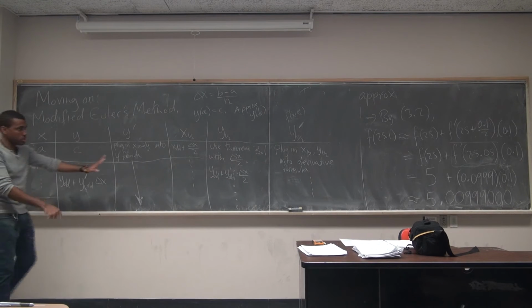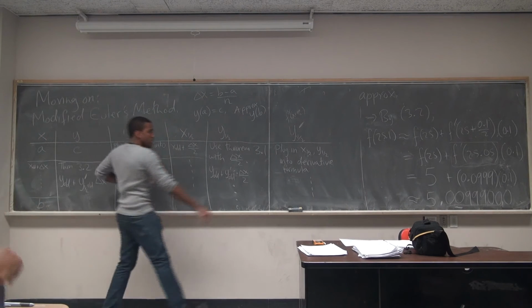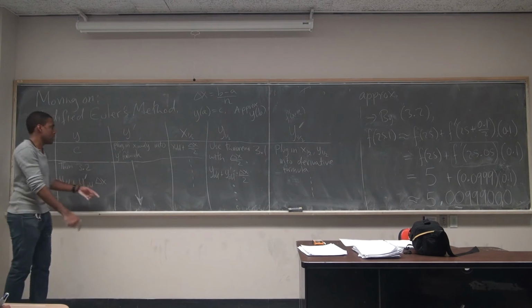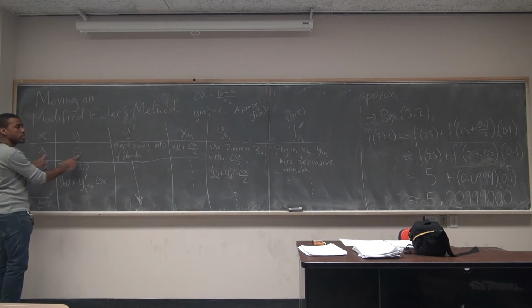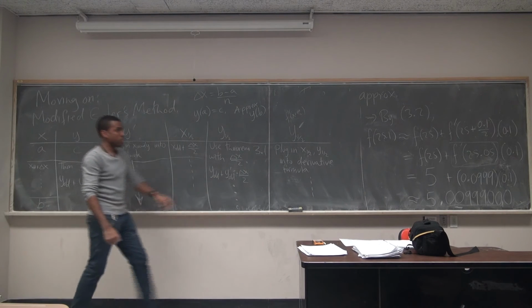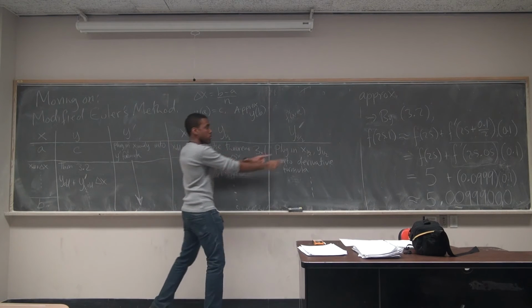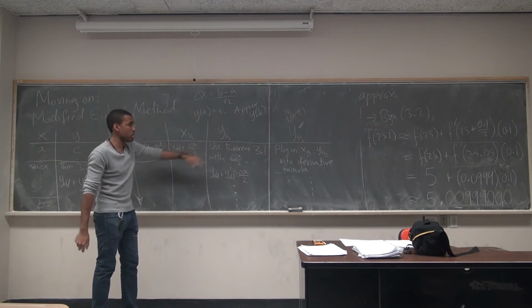So this you have to write down because you have to memorize it. Start off here. The good thing is the y prime columns are easy. They're always the same thing. The given formula that you're given, you plug into these. To find y prime, you plug the x and y into the given formula. To find y half prime, you plug in x half, y half into the given formula. So to find y prime, you're always plugging in the two numbers to the left.